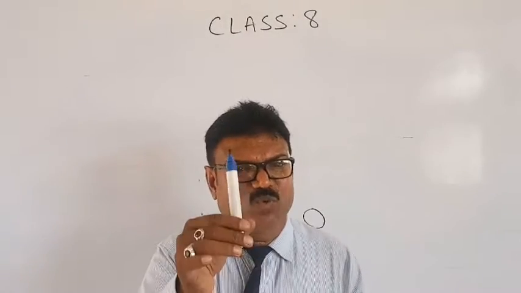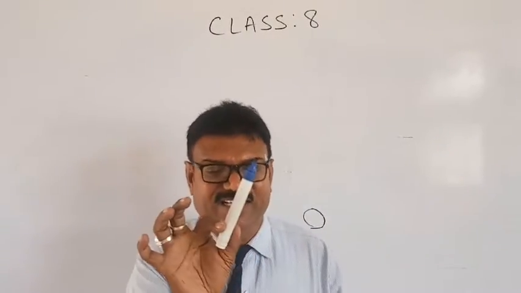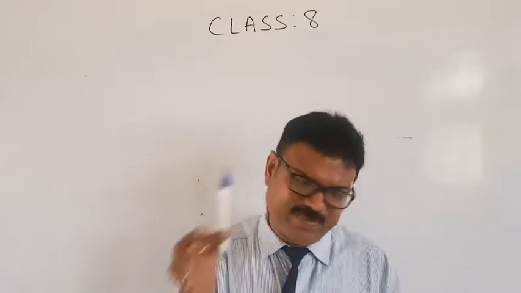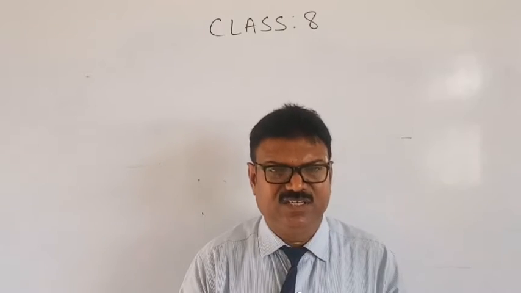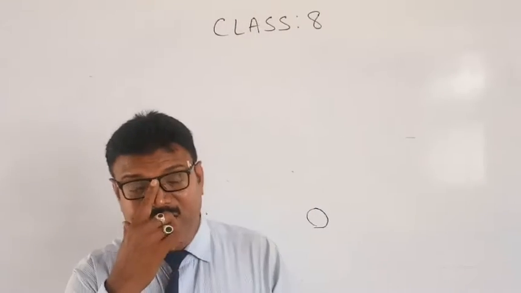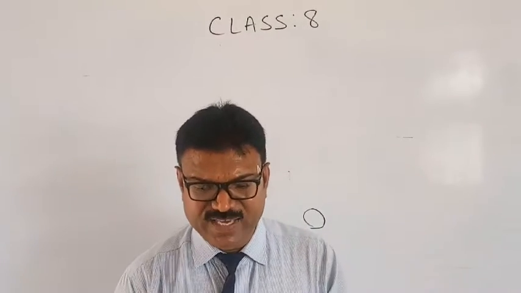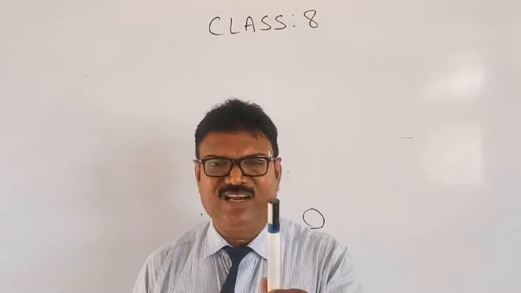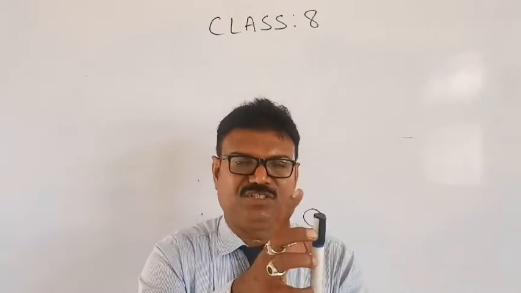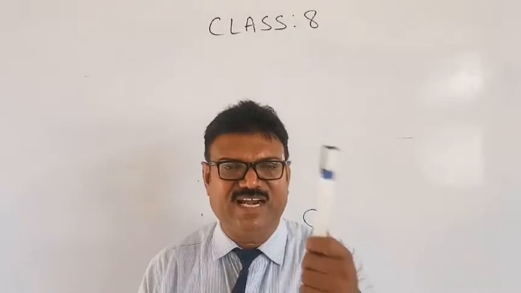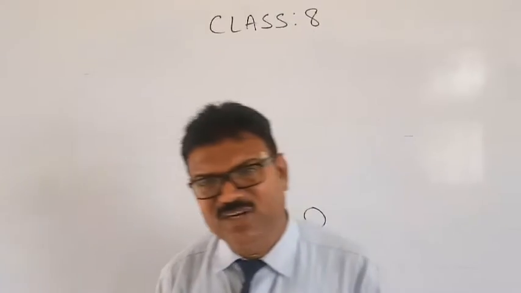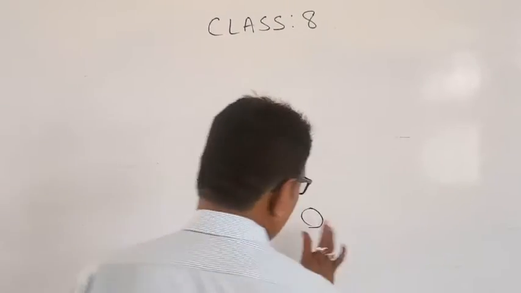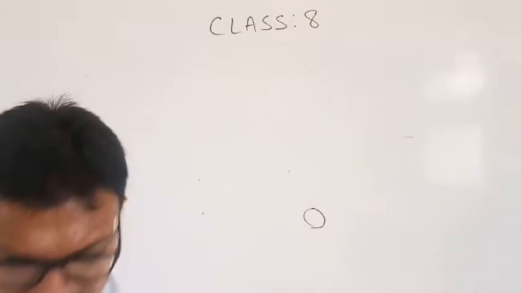So 0 pens means I am not taking out any pen, whether one pen, two pens or any. Did you understand? Now one more example. If one pen is there, you are adding 0 pens to it. 0 pens means you are not adding anything. You will see only one pen. Therefore, the answer is also 0 only.